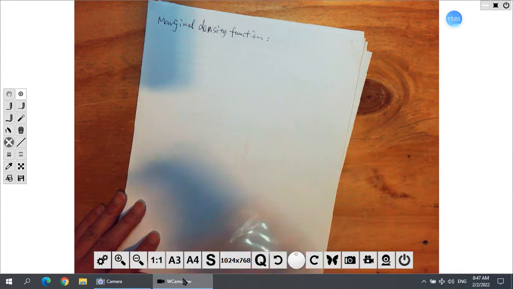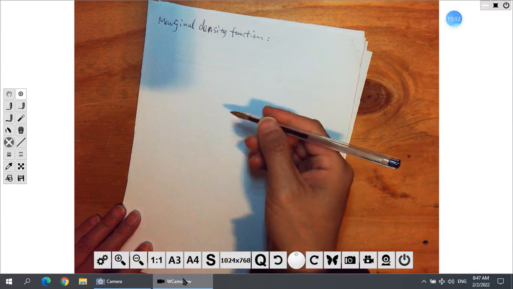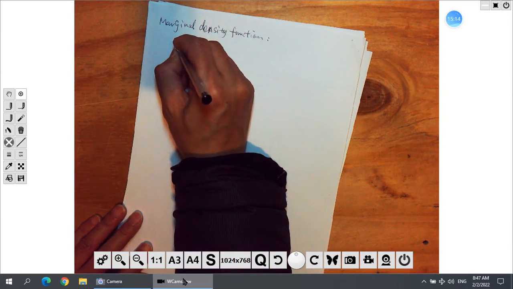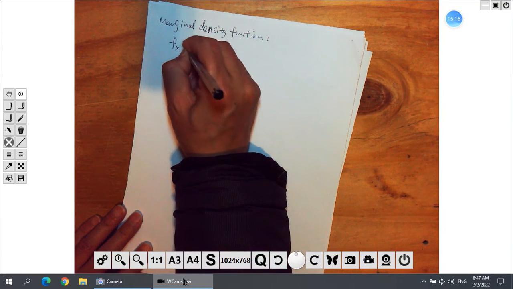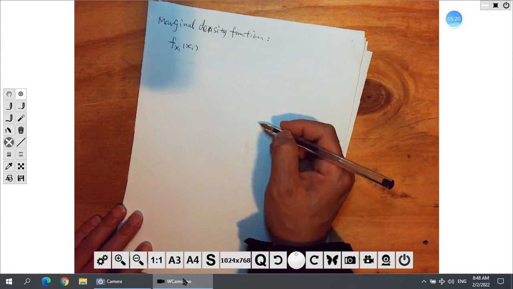This is just for the two random variable, two-dimensional case. For high dimensional it is more complex, but the meaning is similar. You see, f_X1(x1) is the PDF, the marginal density function.